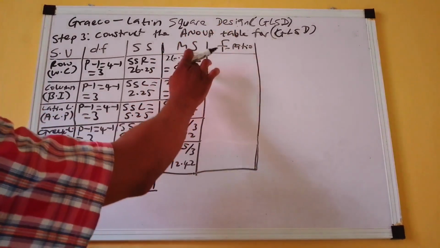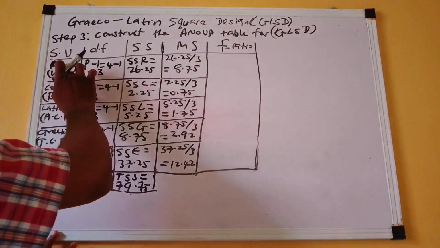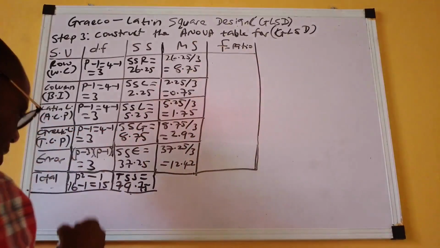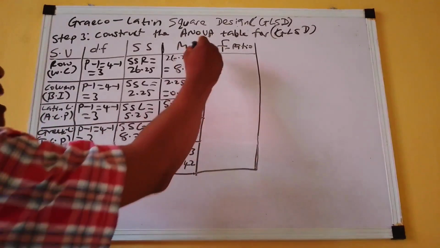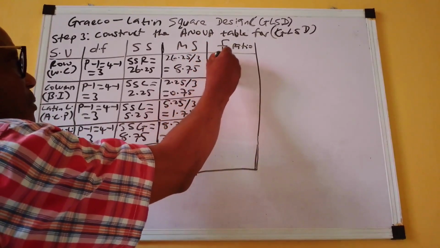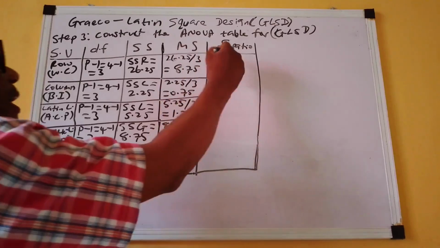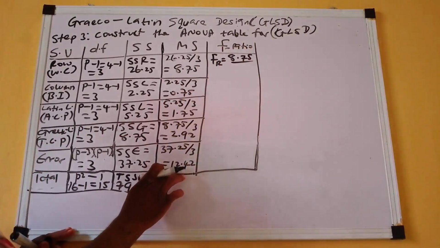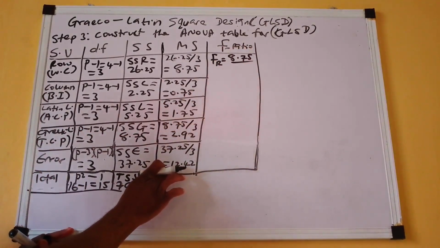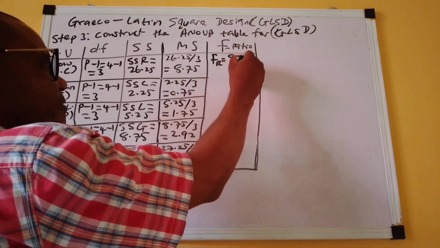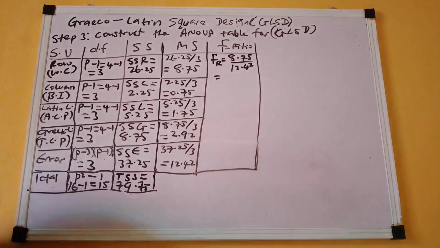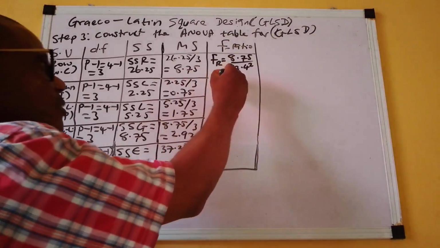So for this one, to get the F ratio for the weather condition, we can call it F rows, and that will be equal to 8.75 all over the mean sum of square for error, 12.42, and that will be equal to, you divide that, you are going to get 0.70.